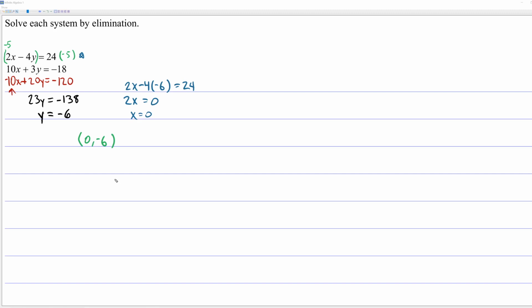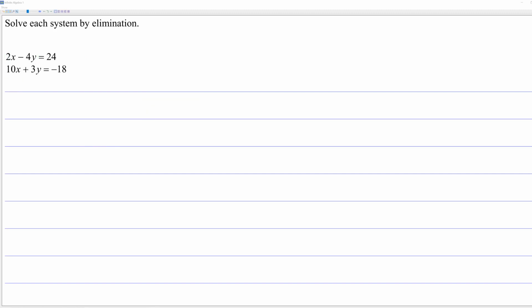Alright, let's do one more example that's about as difficult as the elimination method ever gets. So what we have here, again, it's another system, and again, you can't just add the x's or subtract the x's. You can't just add the y's or subtract the y's. The problem here is, I can't just multiply. Let's focus on this -2x.